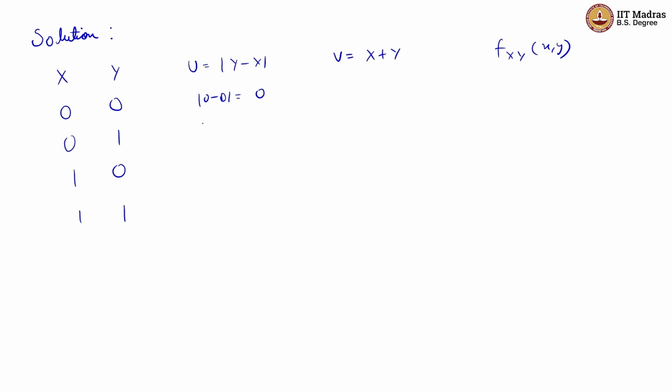For x is equal to 0, y is equal to 1, U is mod of 1 minus 0, which is equal to 1. For x is equal to 1, y is equal to 0, U is equal to mod of 0 minus 1, which is equal to 1. And for x is equal to 1 and y is equal to 1, we have U is equal to mod of 1 minus 1, which is equal to 0.